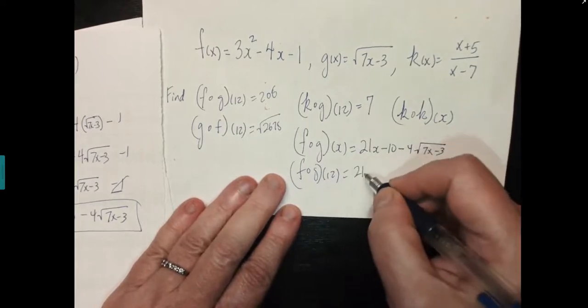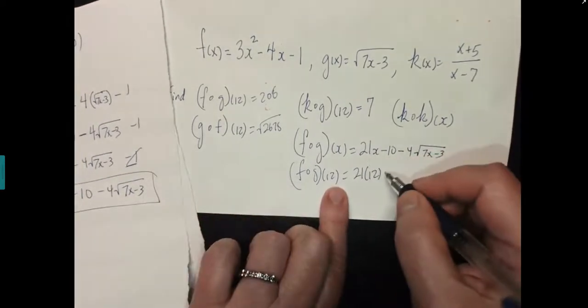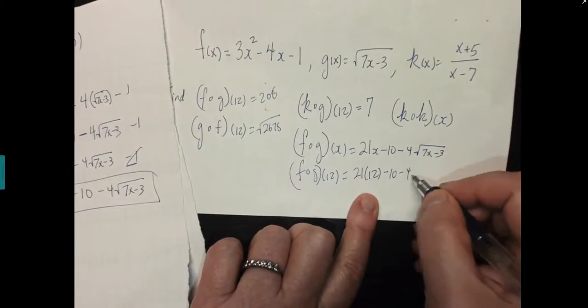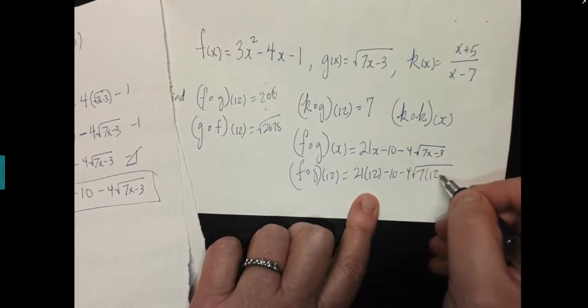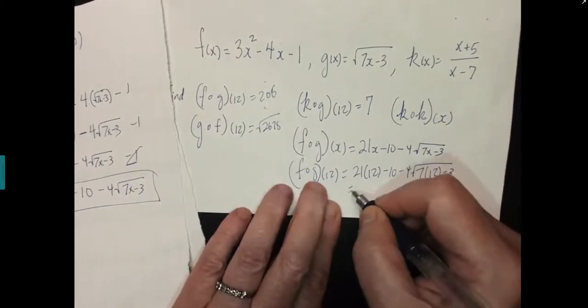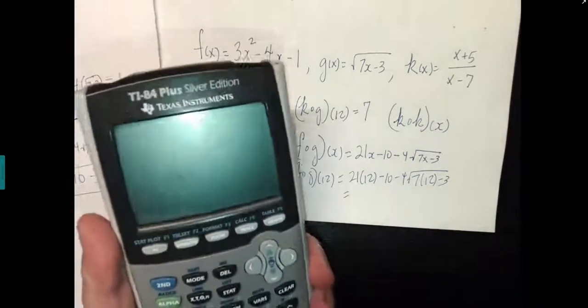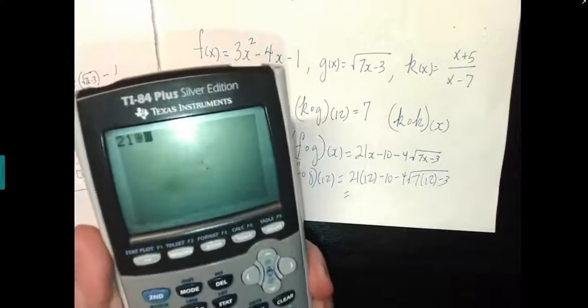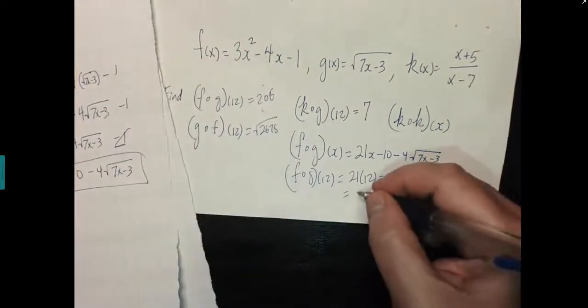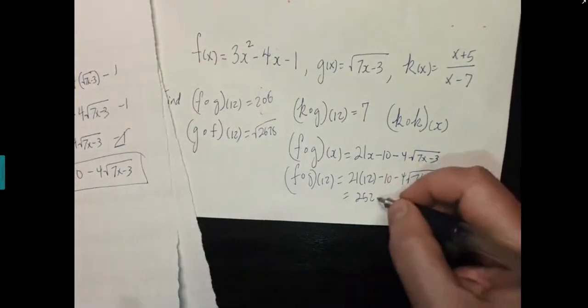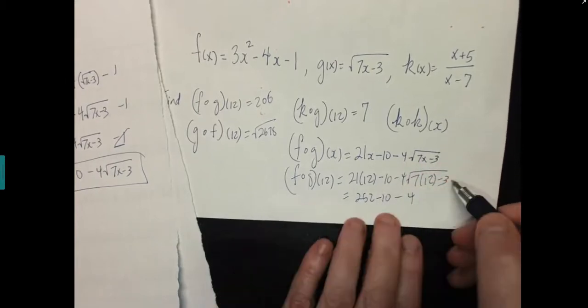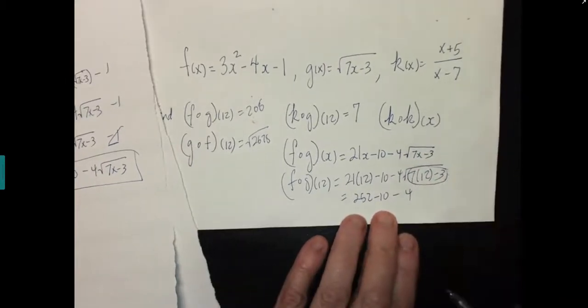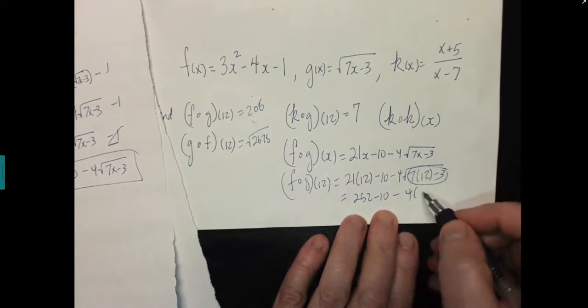And that would be 21 times 12. So everywhere there's an x, I'm going to replace it with 12. Okay, so 21 times 12 is 252 minus 10 minus 4 times, that's going to be 81, and the square root of 81 is 9.